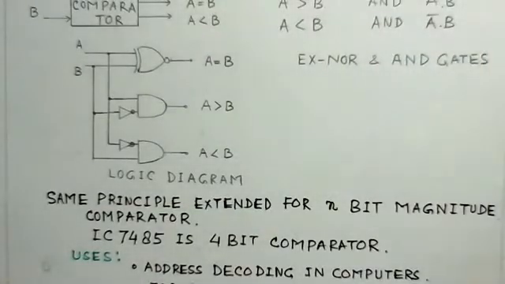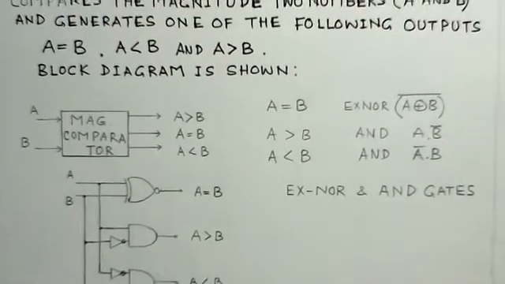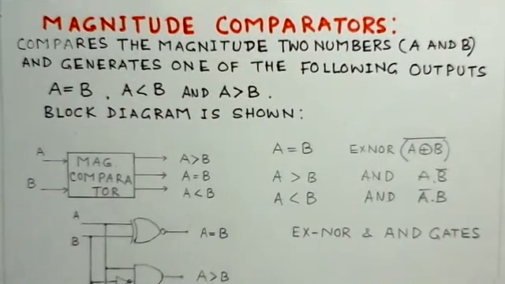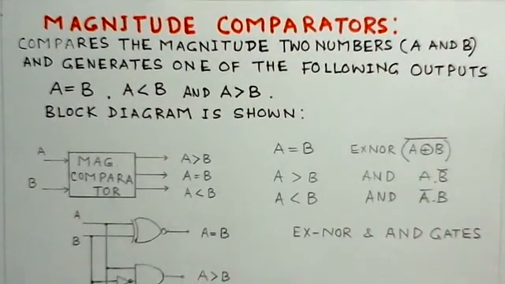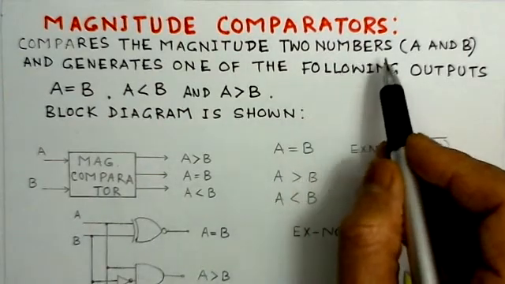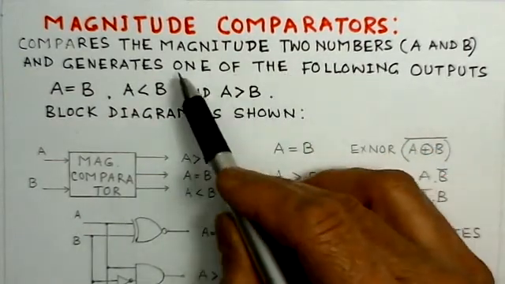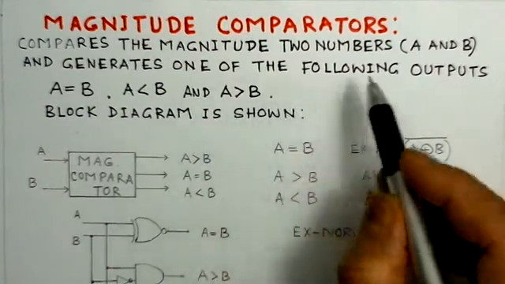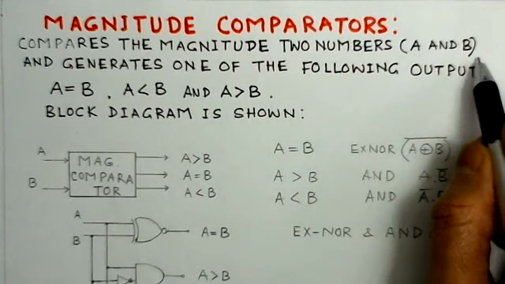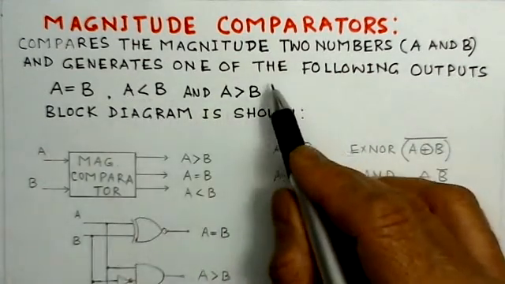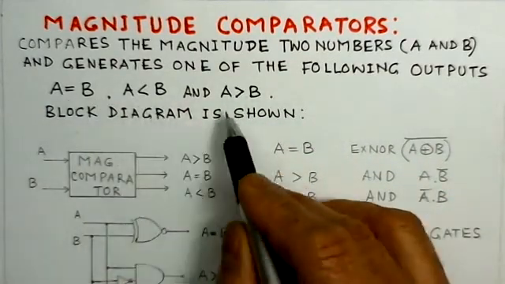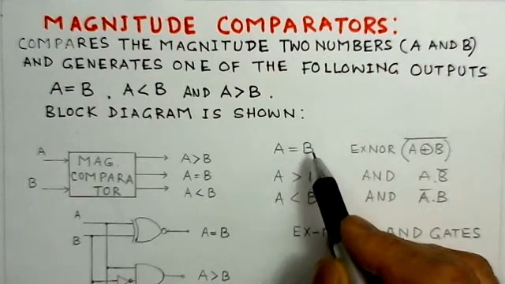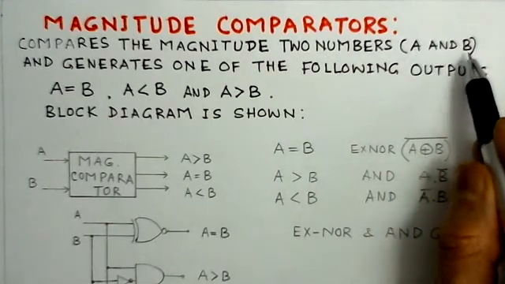Now the last topic in this part 1 is magnitude comparators. These magnitude comparators compare the magnitude of two numbers A and B, and generate one of the following outputs: whether A equals B, A is less than B, or A is greater than B. So the numbers are A and B here.